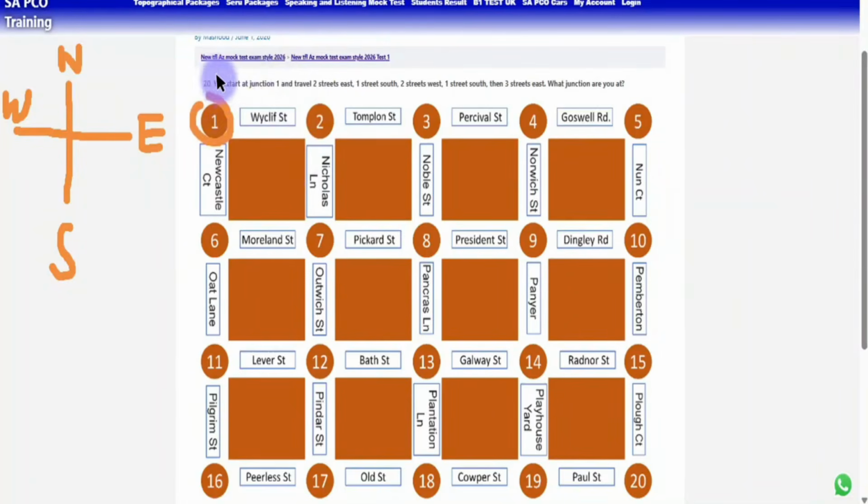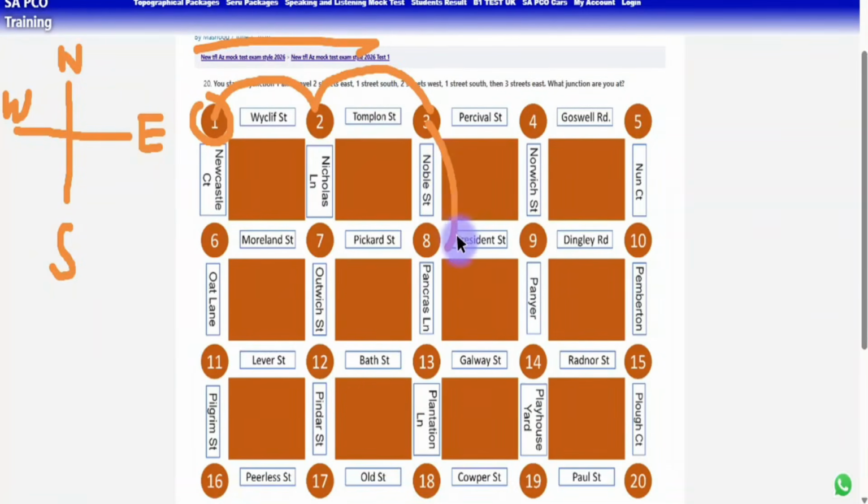We start and travel 2 streets east. East is going to be that way. This is going to be 1 and this is going to be 2. So we go 2 streets towards east and 1 street south. South is going to be down. So 1 street south. Just keep reading the question and moving on.